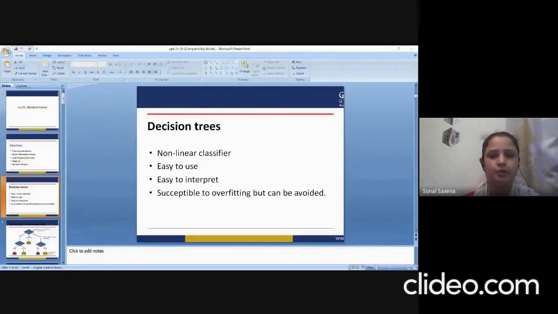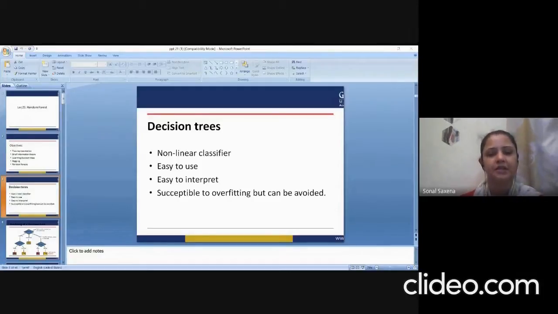It can be used for both classification and regression tasks. Random forest is a supervised learning algorithm. The forest it builds is an ensemble of decision trees, usually trained with the bagging method. The general idea of the bagging method is that a combination of learning models increases the overall result.